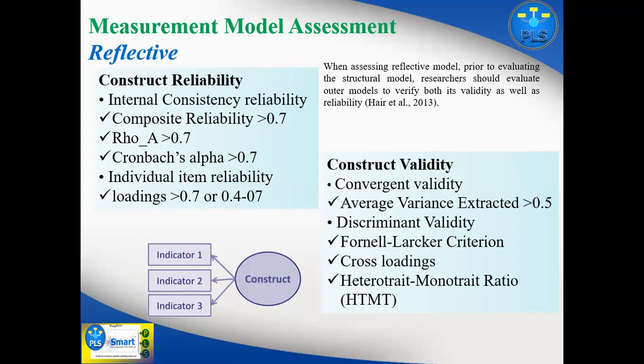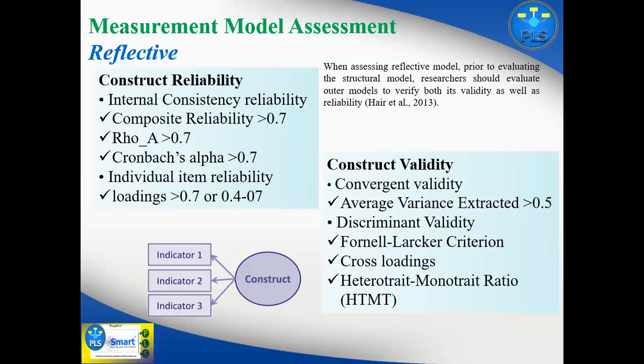Recently, Henseler and Dijkstra introduced an additional one called rho A. Their argument is that Cronbach's alpha undermines reliability, so it is falling short, and they went ahead to say composite reliability overestimates reliability.